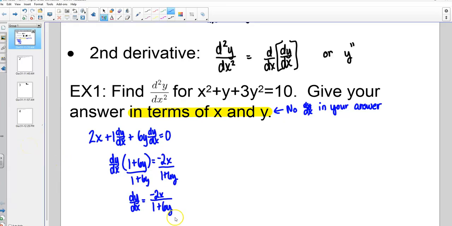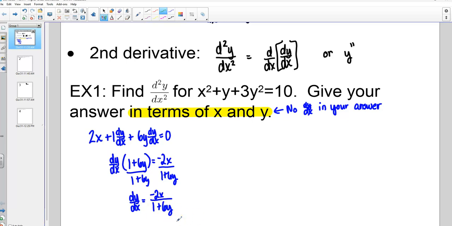So in the second part, we are going to take what we've got here, and we're going to take the derivative of both sides. This is going to require a quotient rule, or if you would rather, you can make it a chain rule by using some negative exponents.